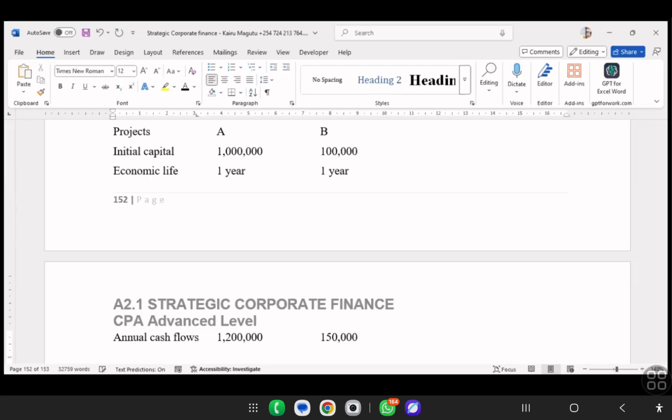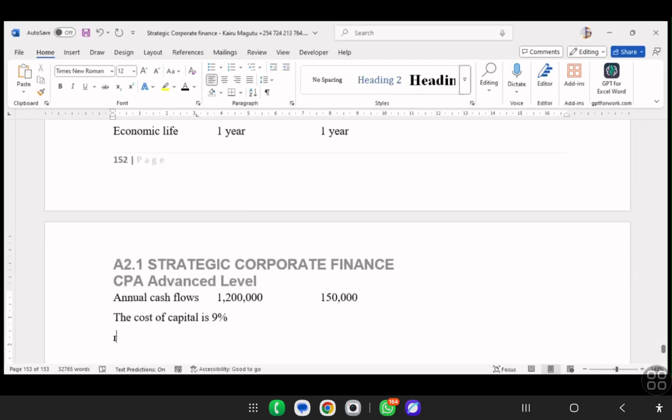Then you are further told that the cost of capital is 9%. Required: determine the IRR and NPV of each of the two projects.